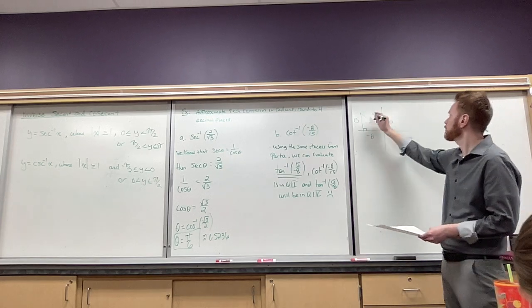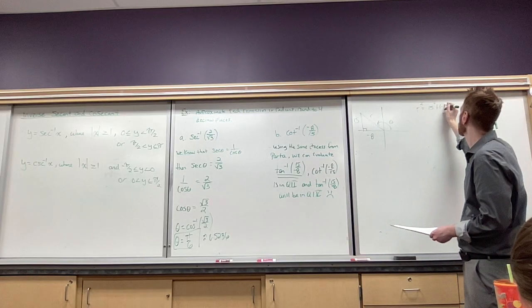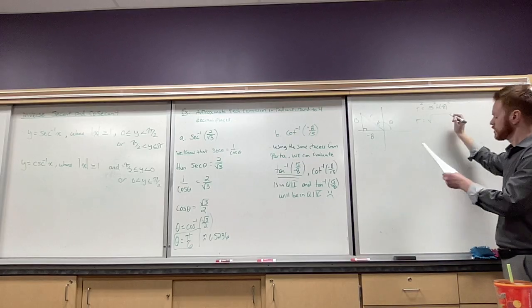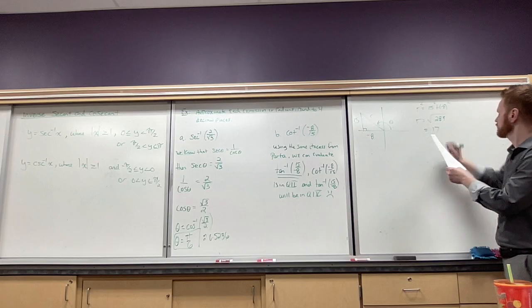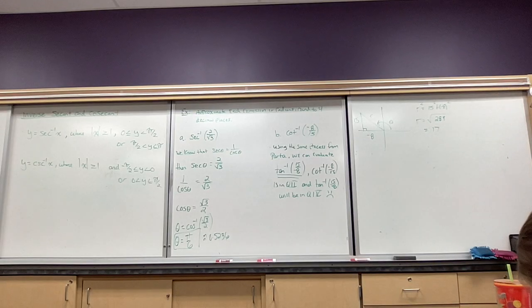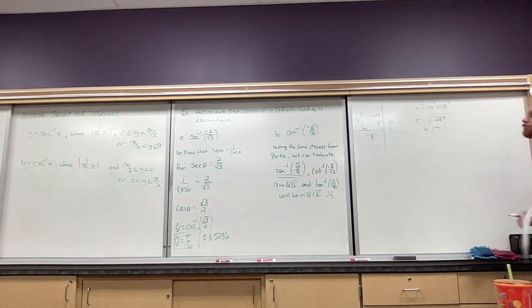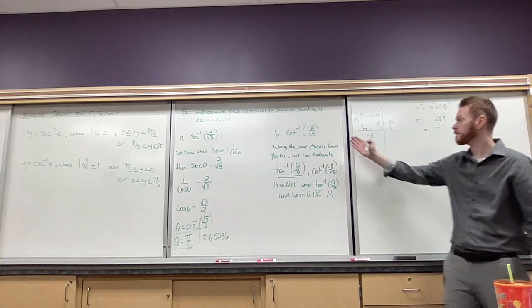So let's find the hypotenuse. I'll put that as r. So r squared is equal to 15 squared plus negative 8 squared. So r is equal to the square root of 289, which gives me 17. That's a nice number. Okay, now it's our decision, depending on what we want to do. If we do cosine, I don't have to worry about anything, because cosine kind of falls with this.